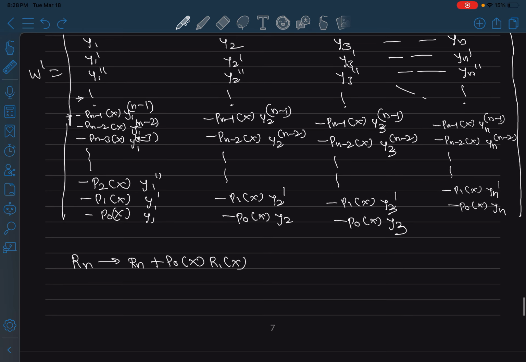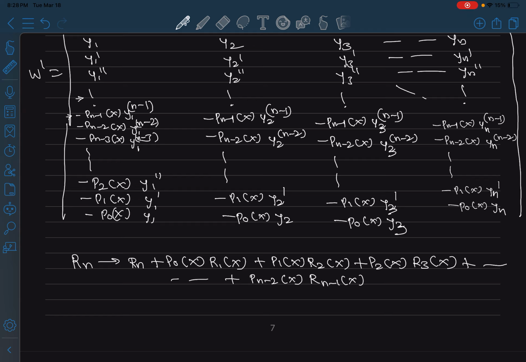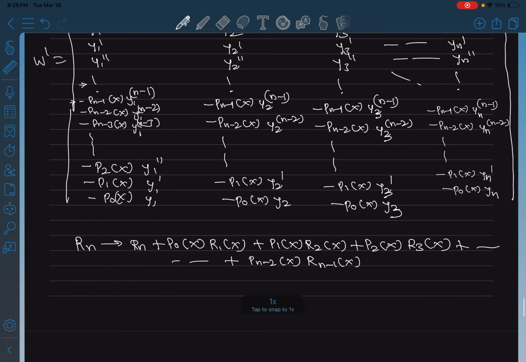So what I'm doing is this, then p1 of x times r2 of x, then p2 of x times r3 of x, similarly up to pn minus 2 of x times r n minus 1 of x. If we do this, we will have the following expression.